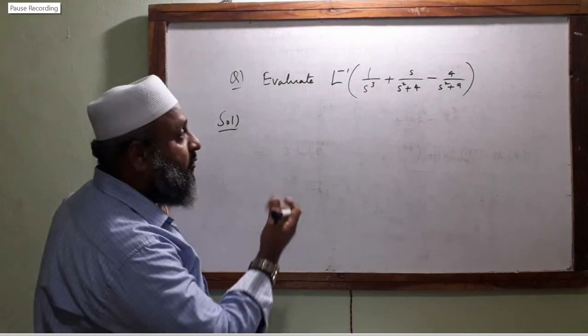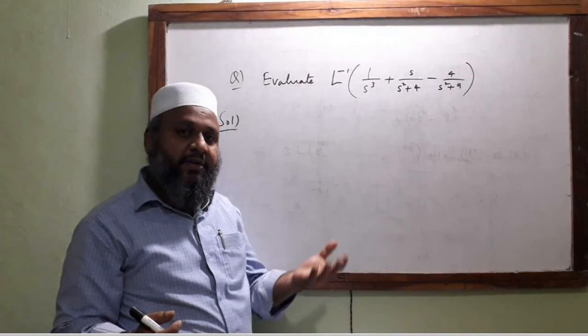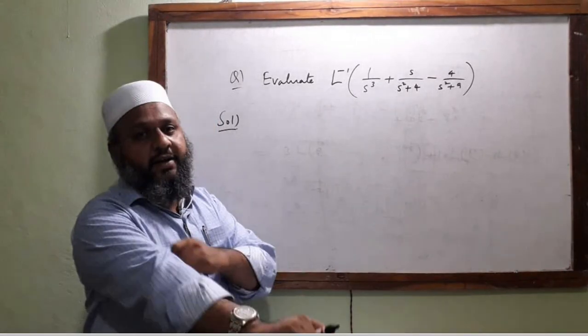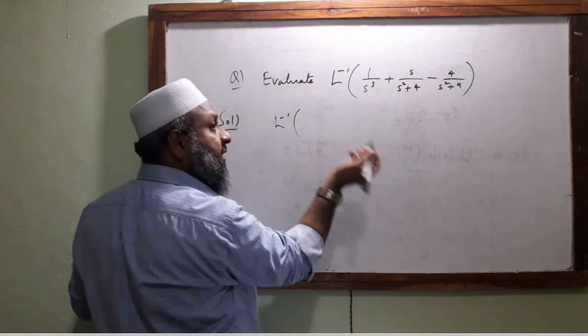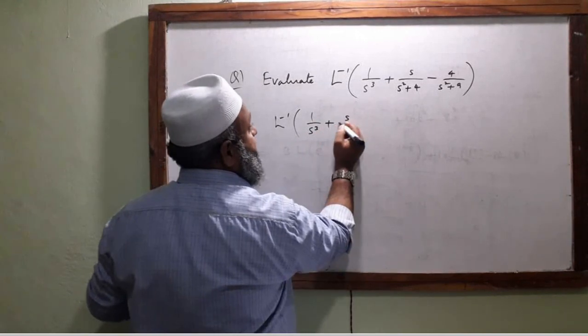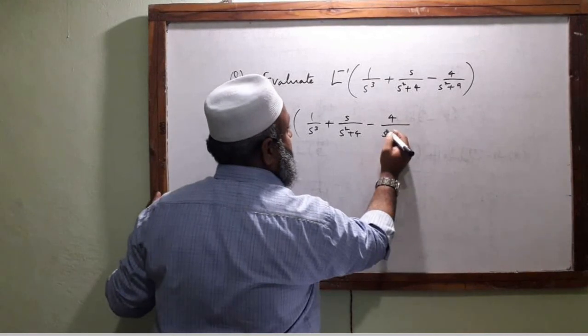Okay, it is a problem on inverse Laplace transforms. As I said, the linearity property holds for the Laplace transform. Similarly, you can prove the linearity property for inverse Laplace transforms. So we can take the constants out very easily. So 1 by s cube plus s by s square plus 4 minus 4 by s square plus 9.